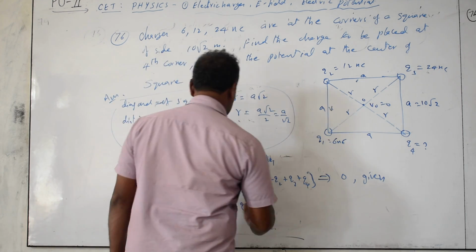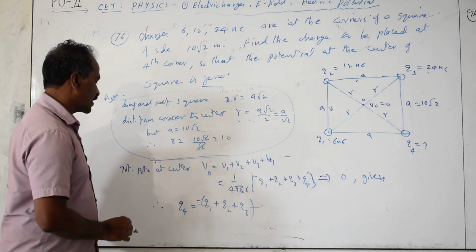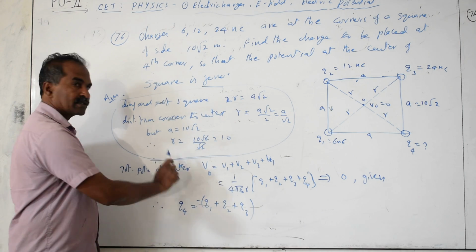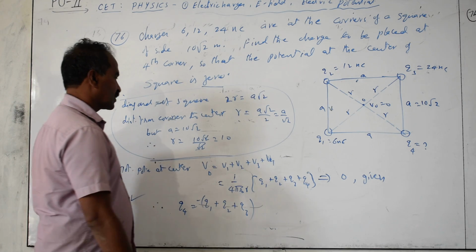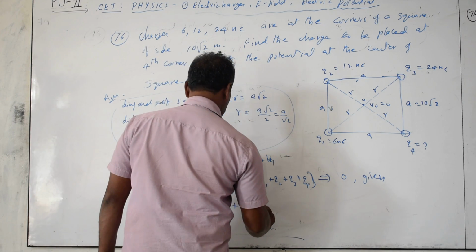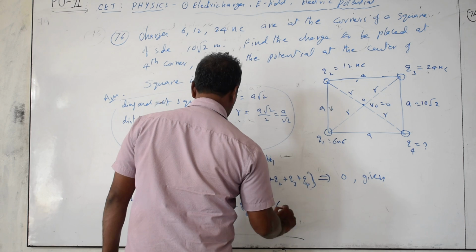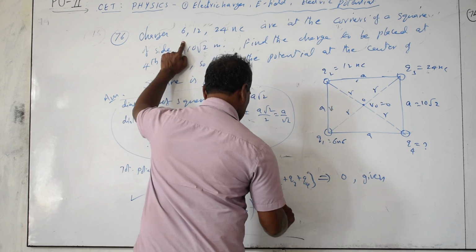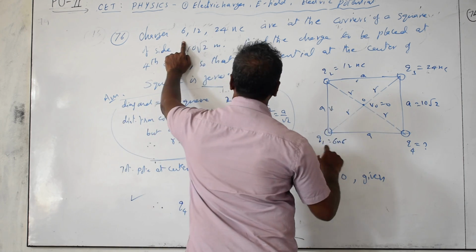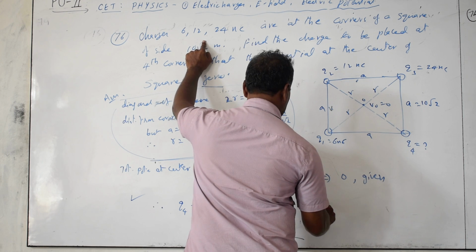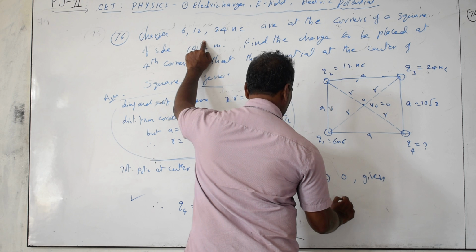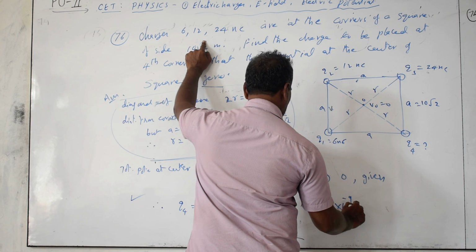Now just substitute the values. For such problems, we must jump directly to this. The sum of the charges is equal to 0, which is minus of Q1 6 into 10 to the power of minus 9, I am taking the nano out, plus 12 plus 24, into 10 to the power of minus 9 coulombs.